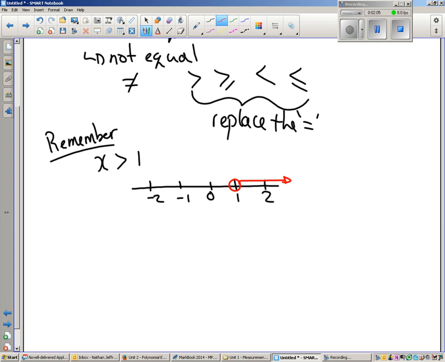The open circle means it does not include 1, but it gets very, very close to 1. So 1 is not in this solution, but 1.000001 is, because it's just a little bit bigger. If we have x is greater than or equal to 1, using that same number line, then we are going to include 1 in that solution.